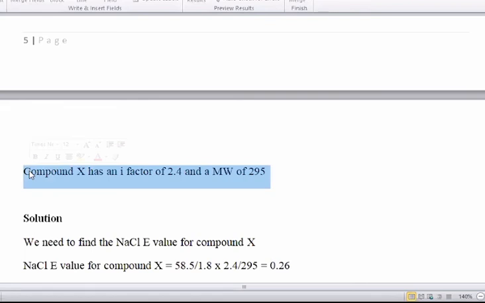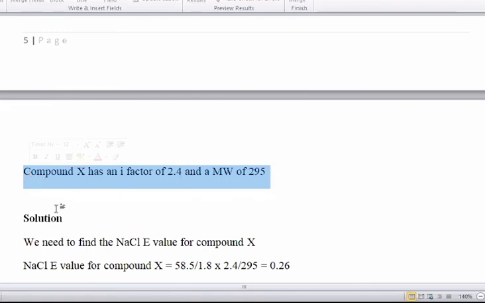You find the E value for them, then we prepare this isotonic solution. The only thing missing in this question is the E value, and today we have done a calculation on how to find the E value. Once we find the E value, we can use it to start step 1, proceed to step 2, and then step 3.